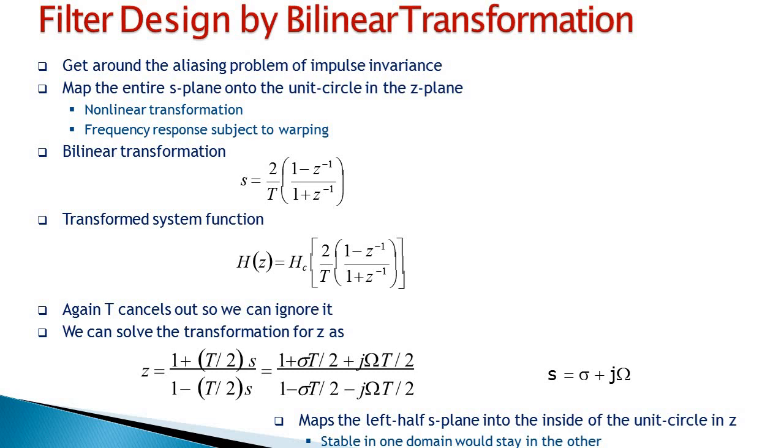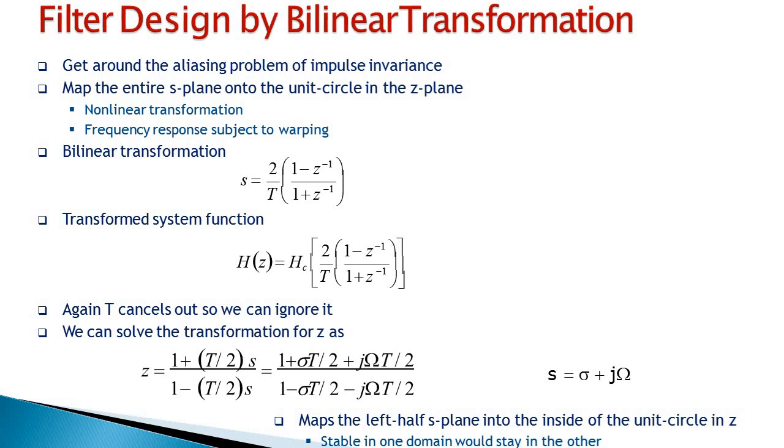In the bilinear transformation, S is substituted by 2 by T into (1 minus Z raised to minus 1) upon (1 plus Z raised to minus 1), and the transfer function H of z is equal to H_A of S, the continuous transfer function, where S is substituted by 2 by T into (1 minus Z raised to minus 1) upon (1 plus Z raised to minus 1).